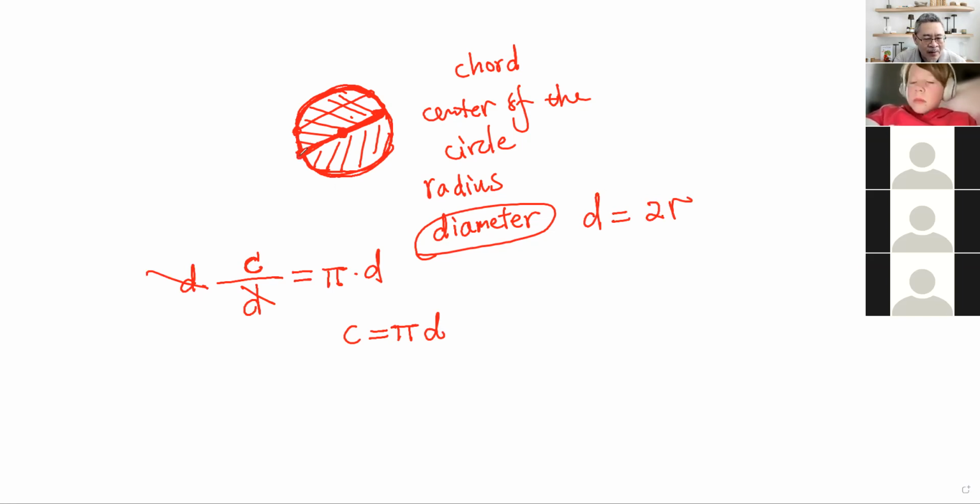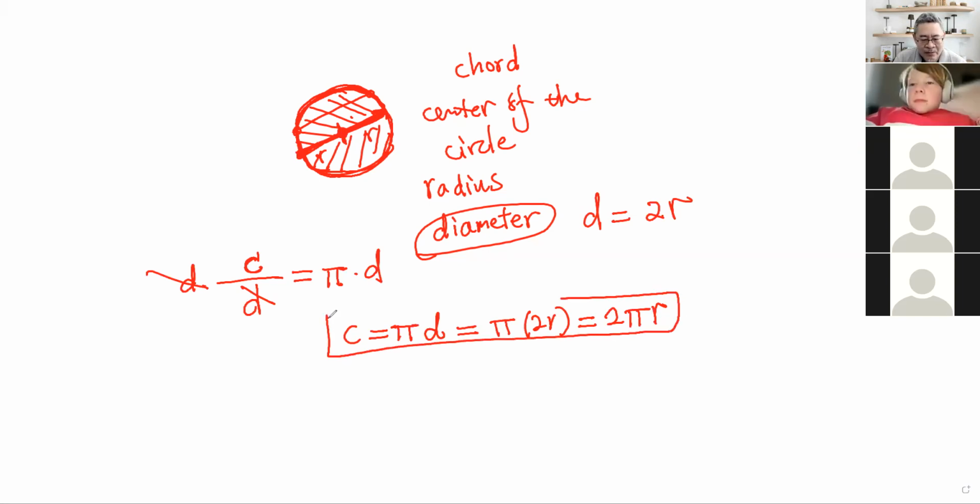If we cut the diameter, this side is one radius, the other side is another radius. So we can write this as pi times 2r, then we write it as 2 pi r. So that's our first formula: the circumference is C equal to 2 pi r.